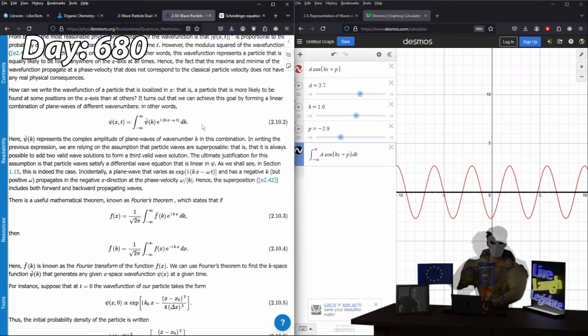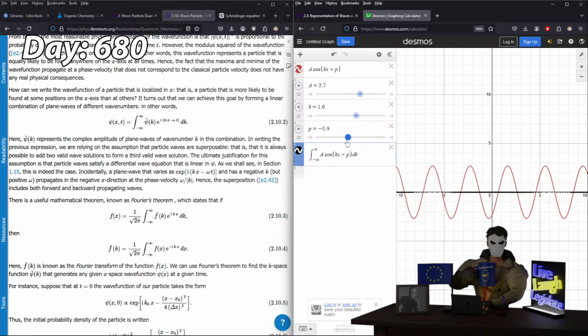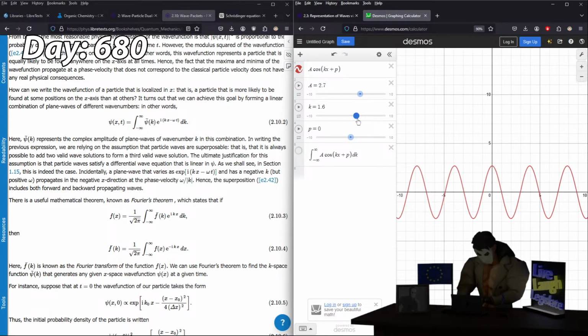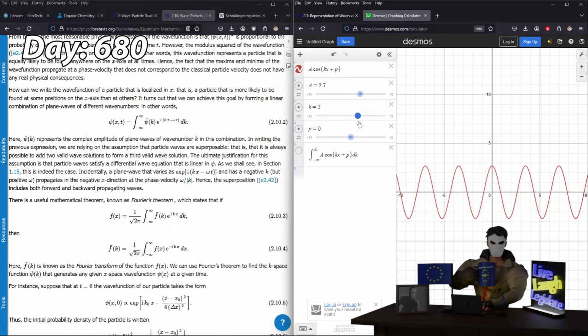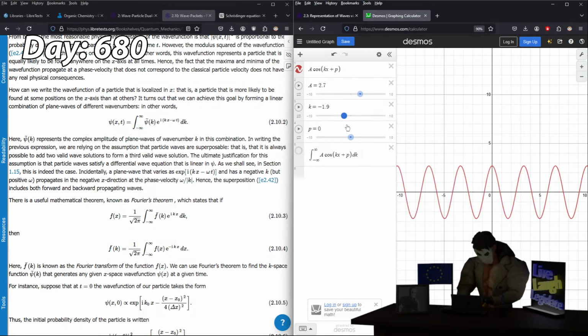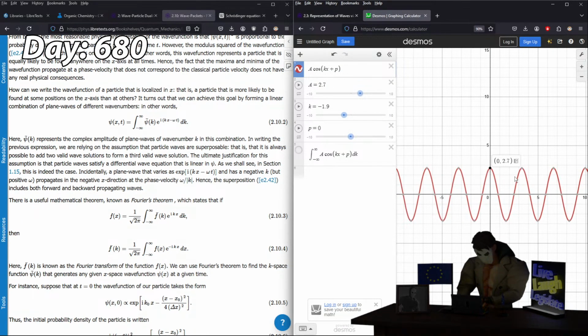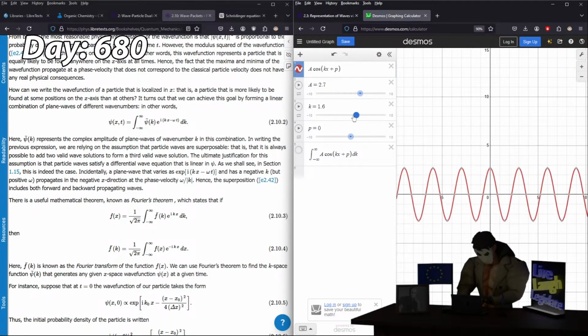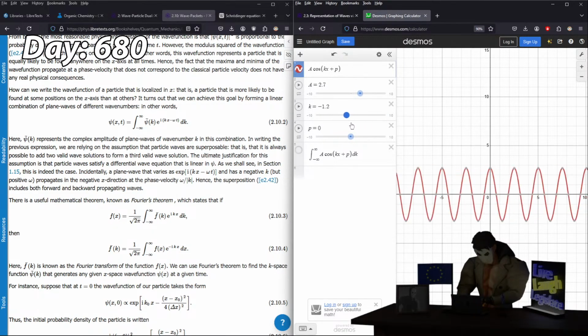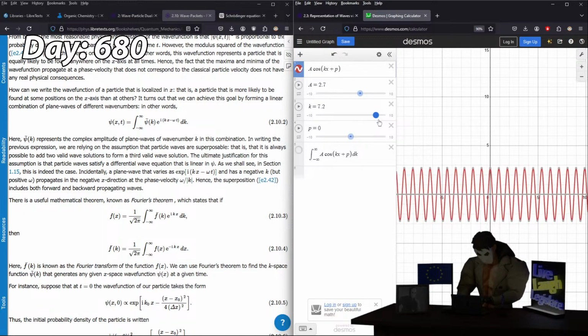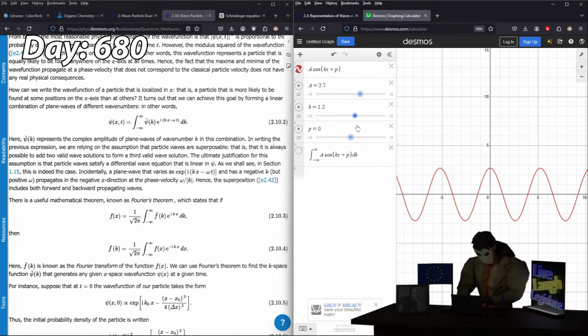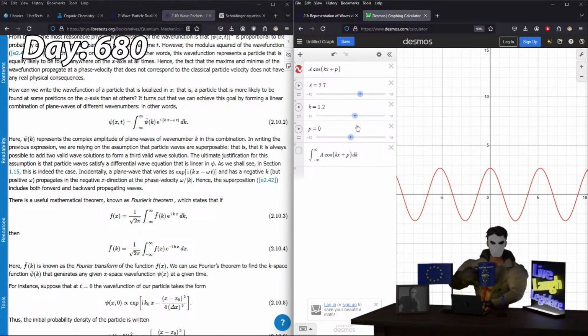It might make sense. No matter how much we change the k, this will be a 1. This might make sense.